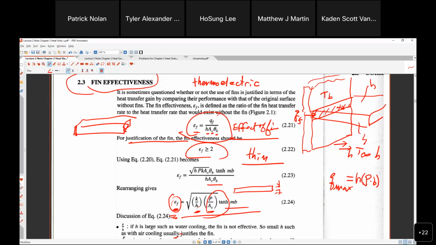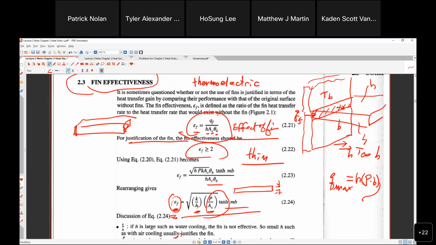That might make sense. P times B. This is B, the profile length. Anyhow, what would be the possible maximum temperature?